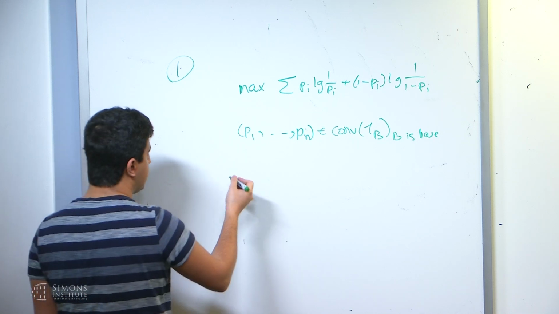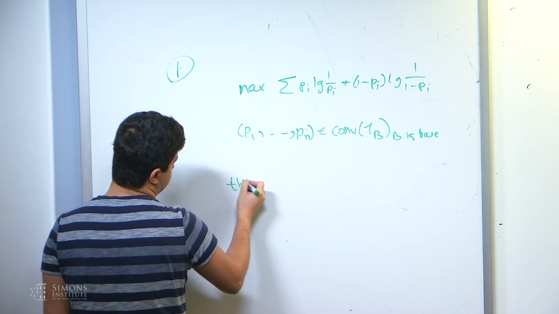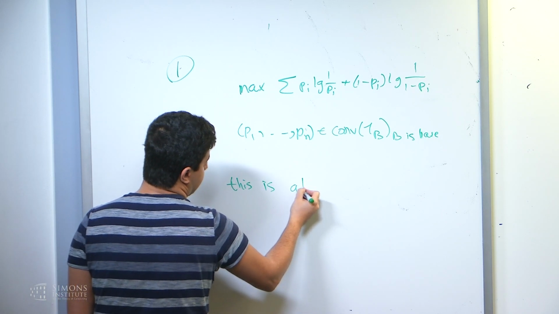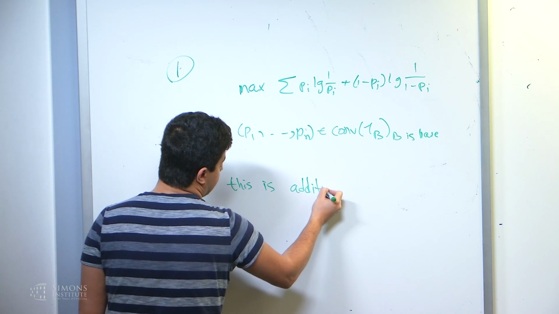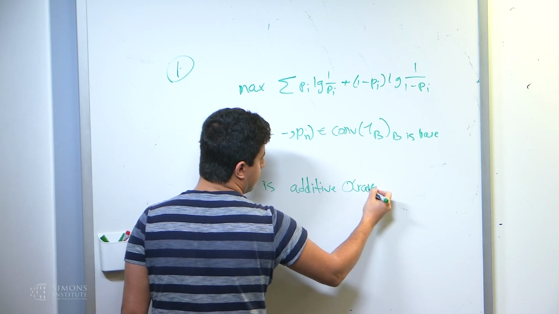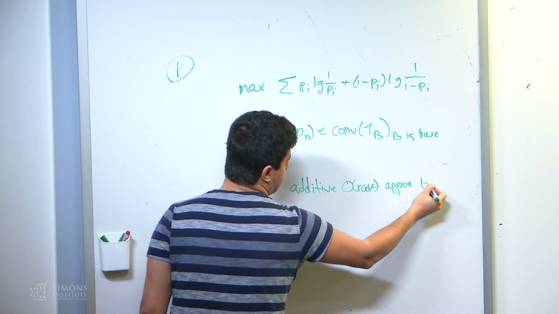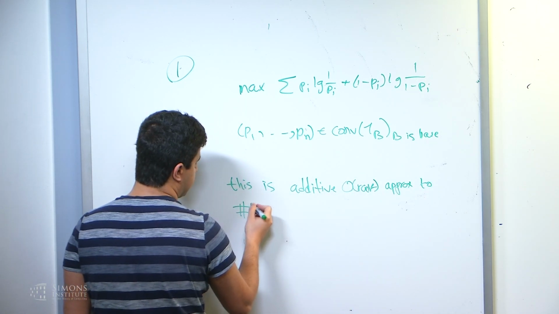And the end result was that this is basically an additive O of rank approximation to the number of bases.